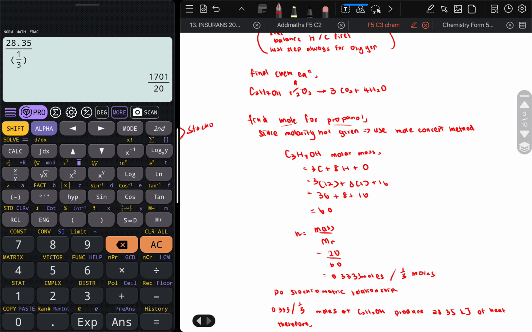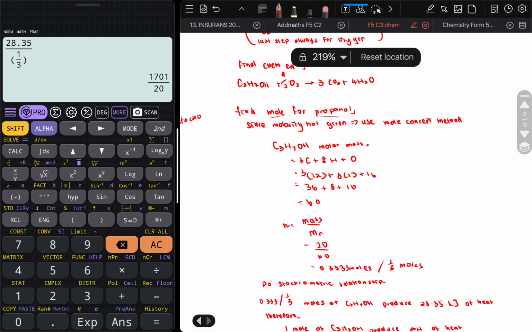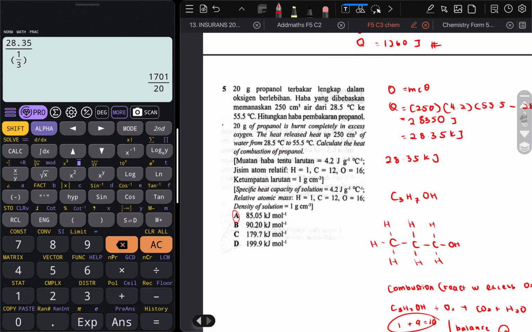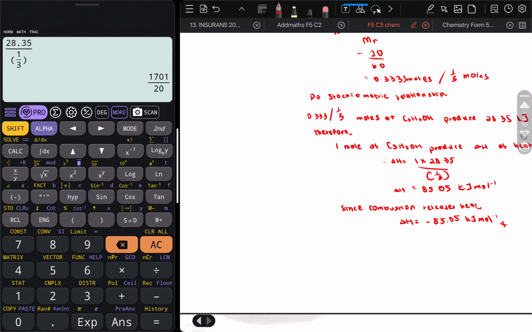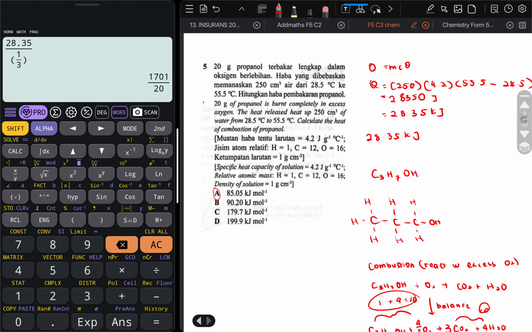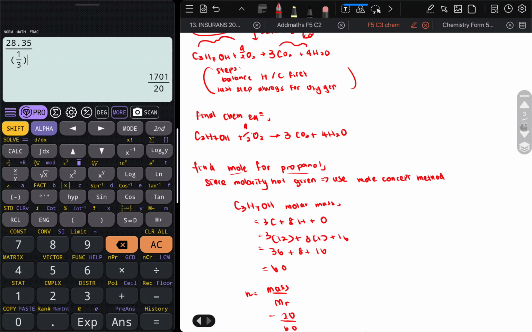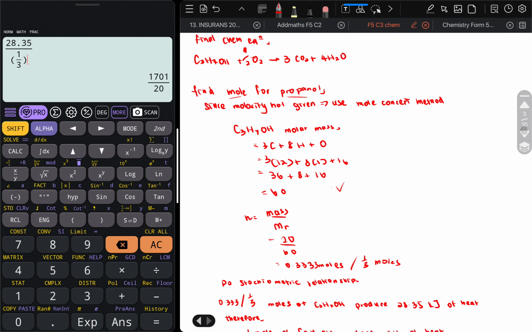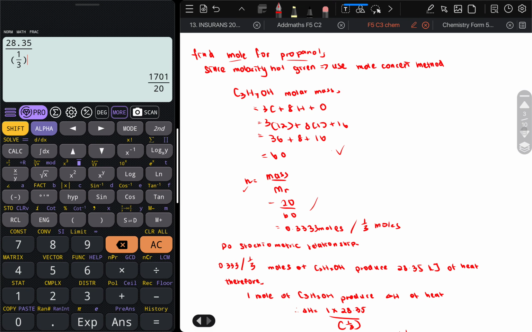So first, since the molarity of propanol is not given and the volume of propanol is also not given, we use the mole concept method. So the thing that is given is only mass, so automatically mass and molar mass. So you already have molar mass here, so you try to find the molar mass first, and then you find the mole for propanol.